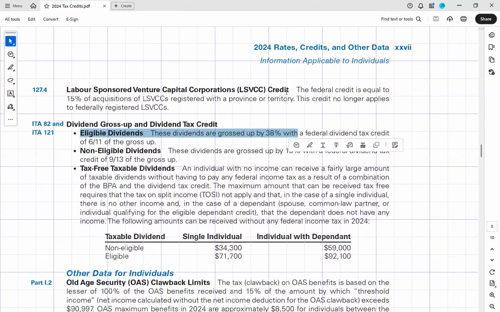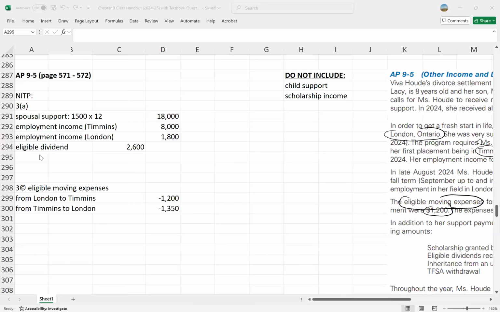So let's go back to our Excel document. And we're going to gross it up by 38%. $988. And so the total of that dividend is going to be $3,588. That's going to be the taxable or grossed up dividend.